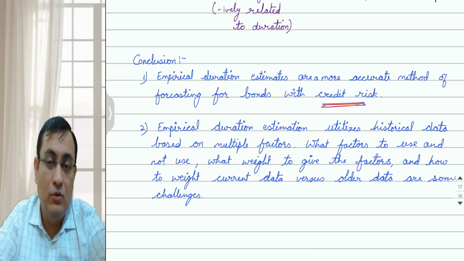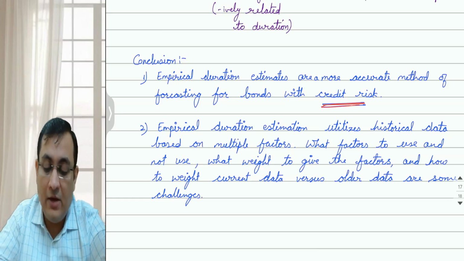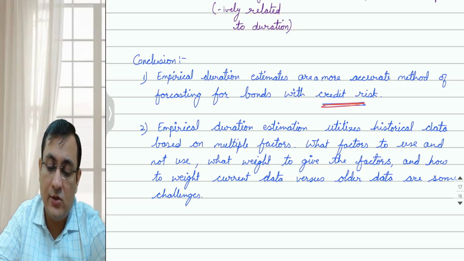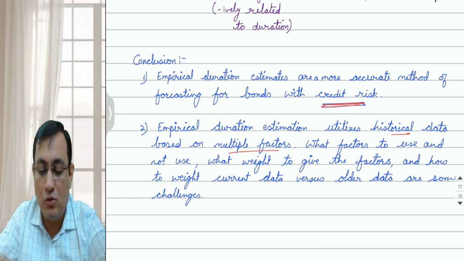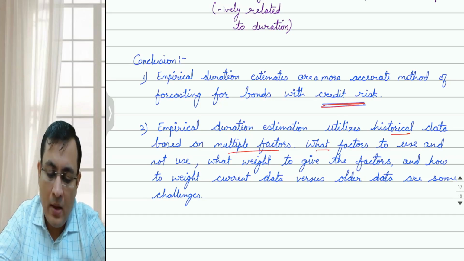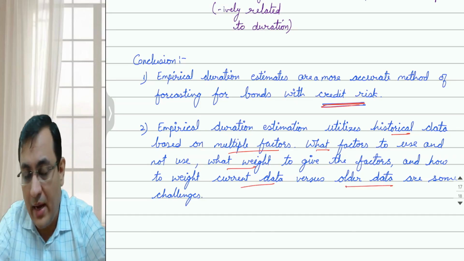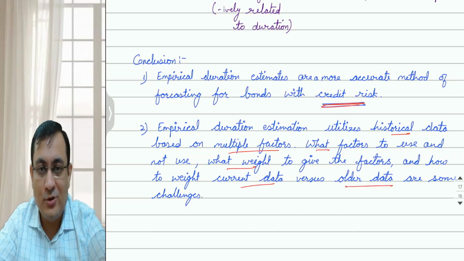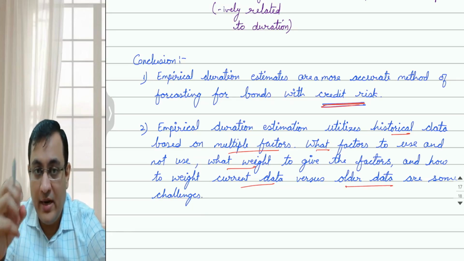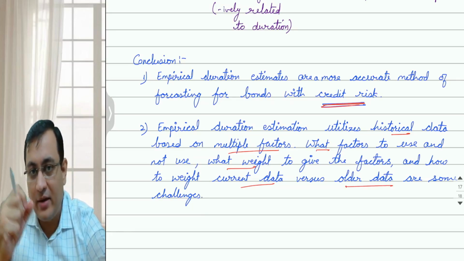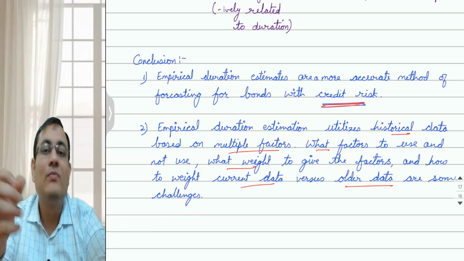Empirical duration estimates utilize historical data based on multiple factors. The question is what factors to use, what weightage to give, and how relevant current data is versus old data, because it is a backward-looking calculation. All these issues make the calculation of empirical duration a bit complex.